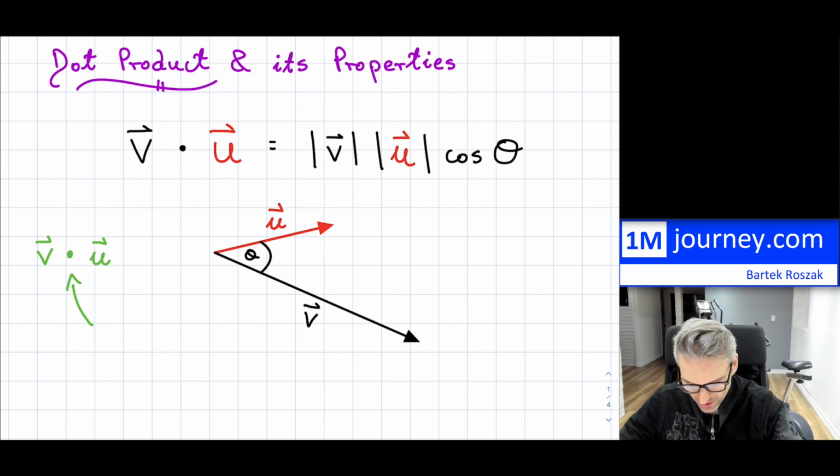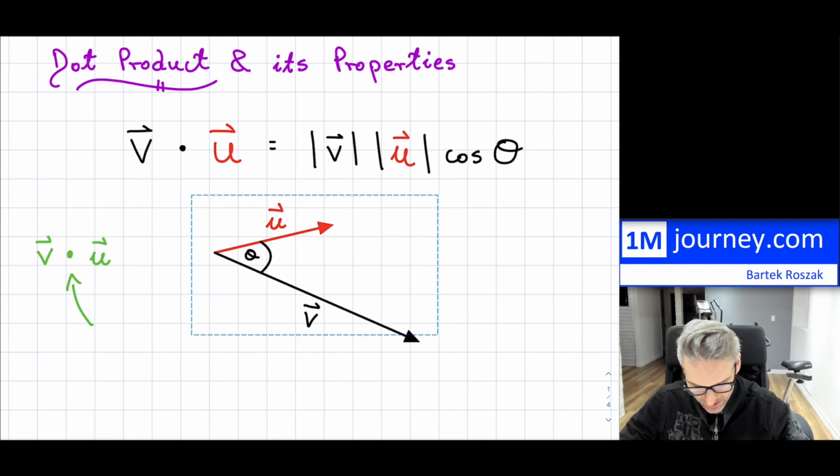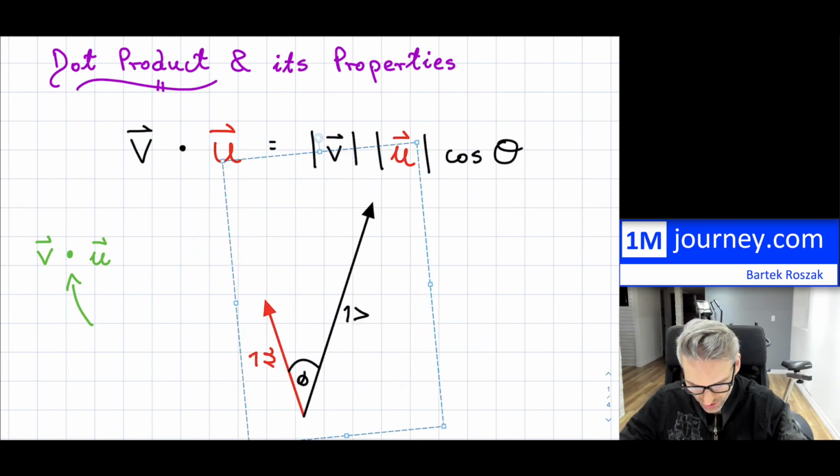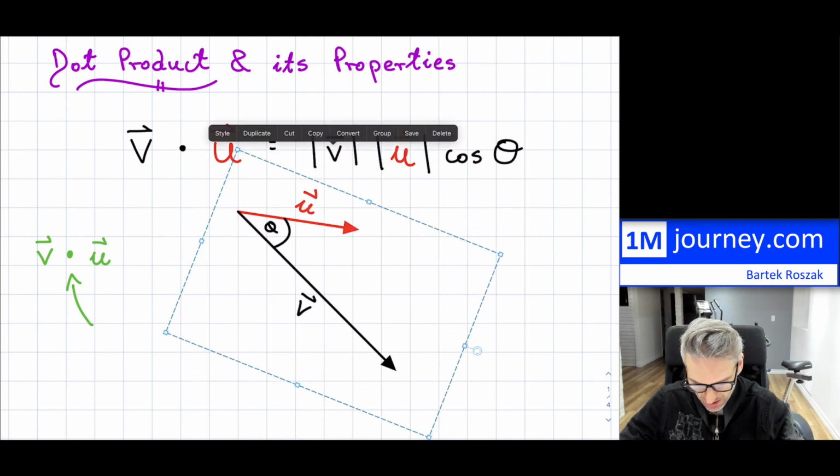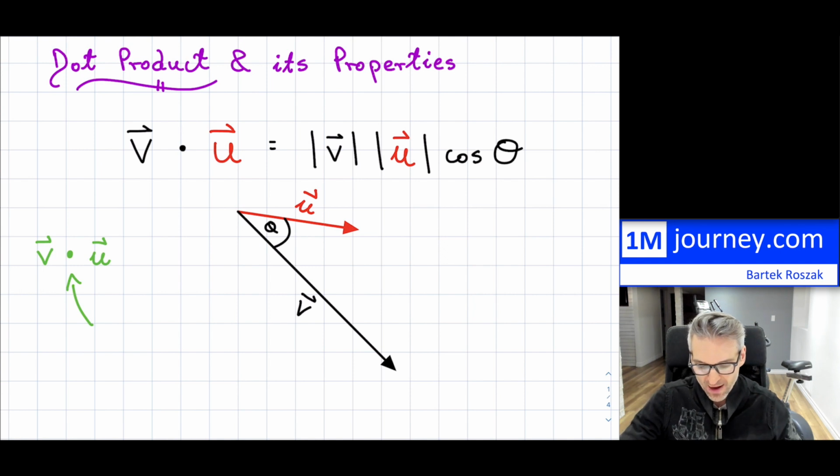It doesn't matter actually in what orientation these are. I can swing this around anywhere I like. The magnitude doesn't change, and certainly the angle between them doesn't change. And the dot product captures the magnitude of one multiplied by the magnitude of the other, and then multiplies by the cosine of the actual angle in between. That's what it's simply doing.